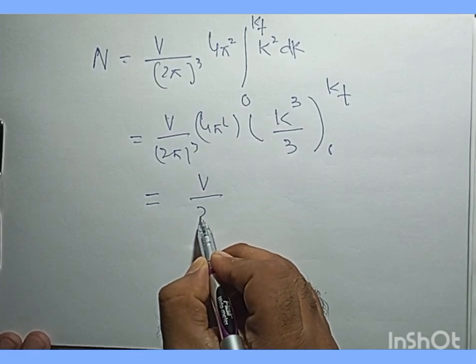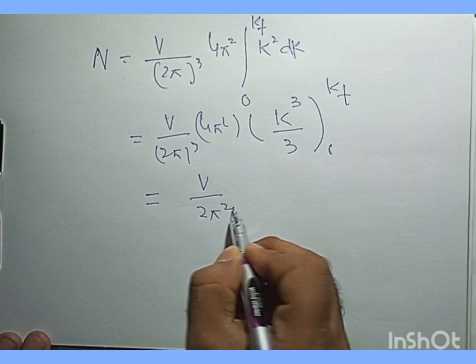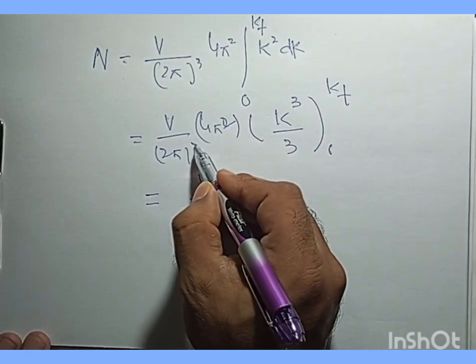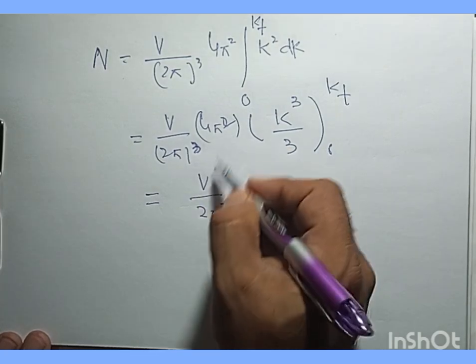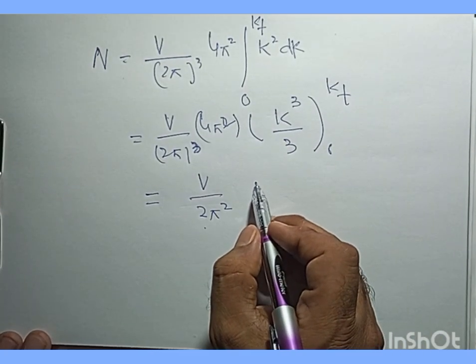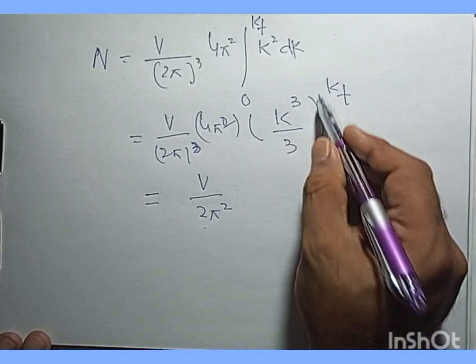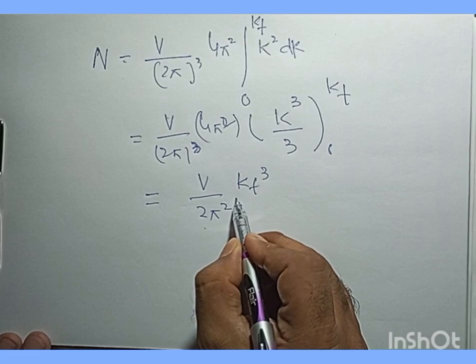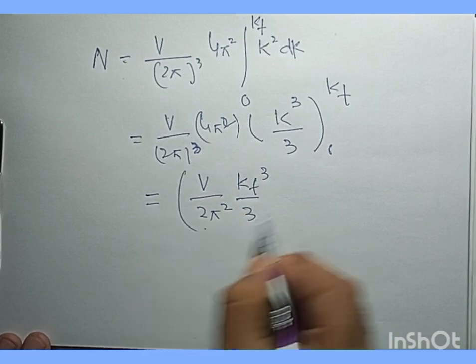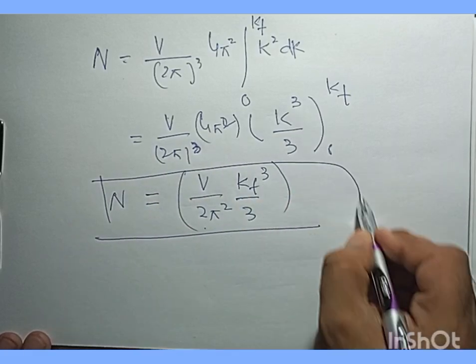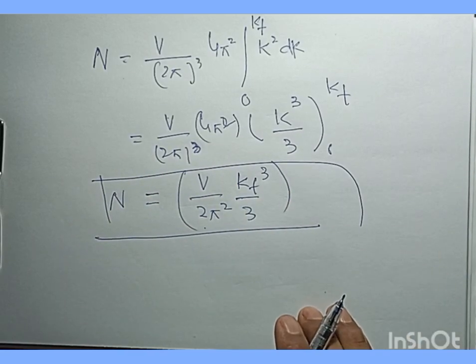We'll have V by 2 pi square, since this is cube and this is square, and for k, because the upper limit is kF, it will become kF cube divided by 3. So this is our number of particles occupying those quantum states up to kF.